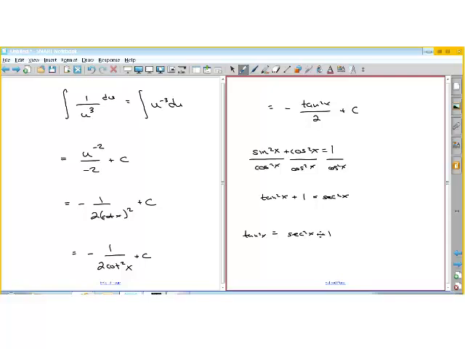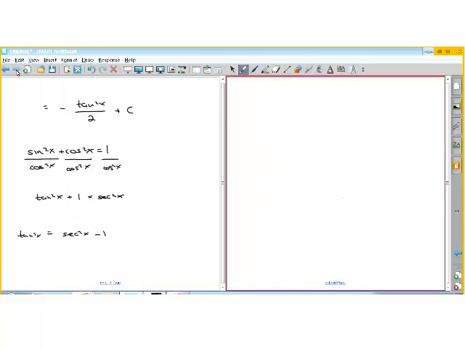And I'm just thinking here for a second. Okay. So we plug that in there, you'll get negative the quantity secant squared of x minus 1 divided by 2 plus c. And so then you'll get negative secant squared of x divided by 2 plus 1/2 plus c.